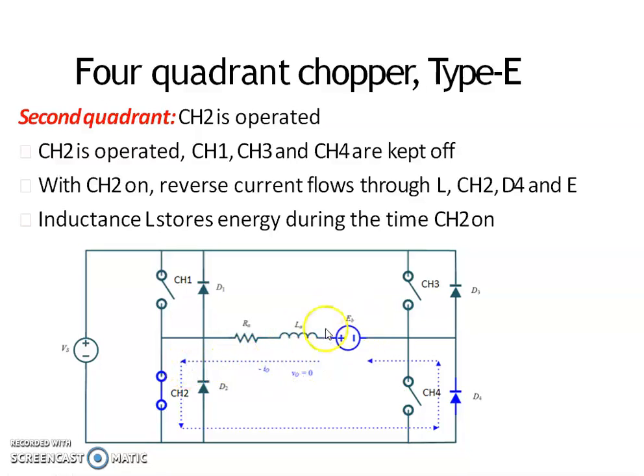The EMF aids the flow of current, and the current flows through the load, CH2 and diode D4, and the inductor stores energy when CH2 is in on condition.